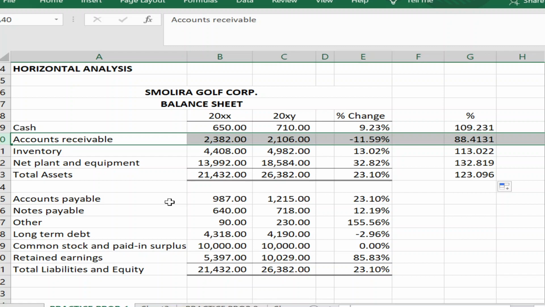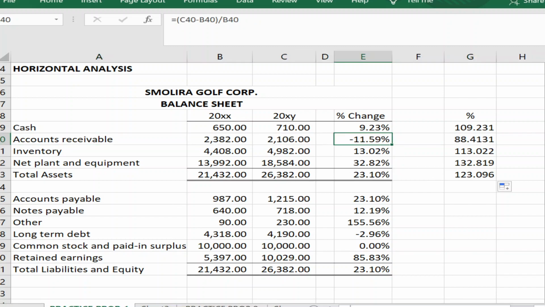So there can be many reasons. We cannot directly tell that the company has not improved, or directly tell that the company has improved, because we need to investigate why this really decreased.